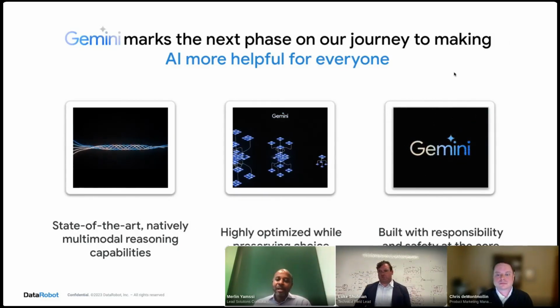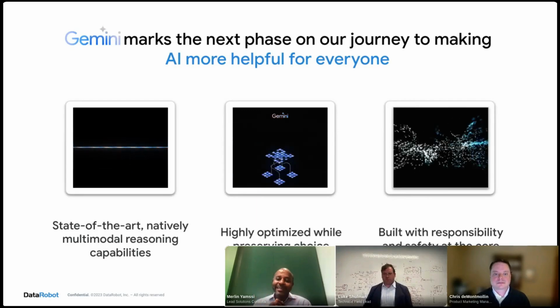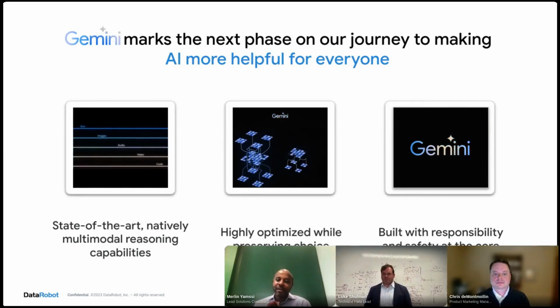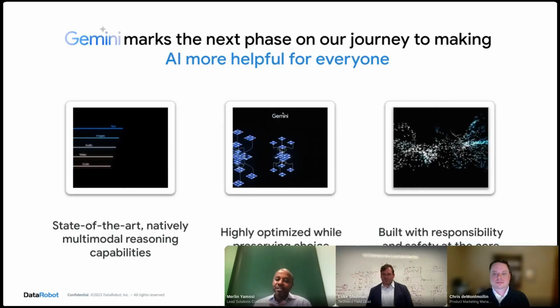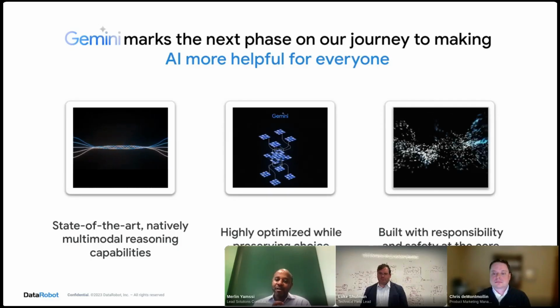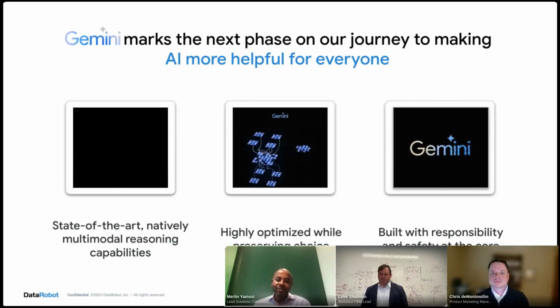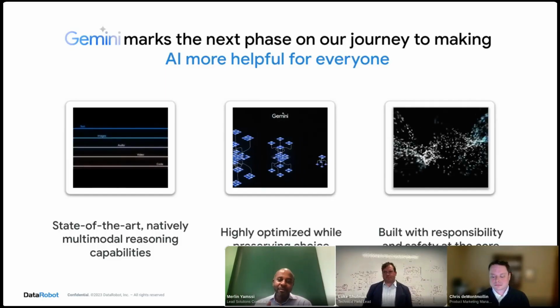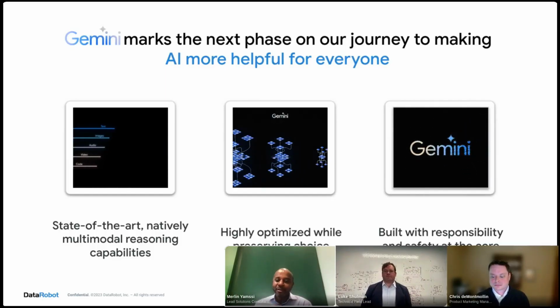Number three, we have in Gemini a set of built-in capabilities to make the model safer. Gemini is probably the safest model that we have ever produced. And safety is definitely something that we want to highlight, because the model could be used to do so many different things.